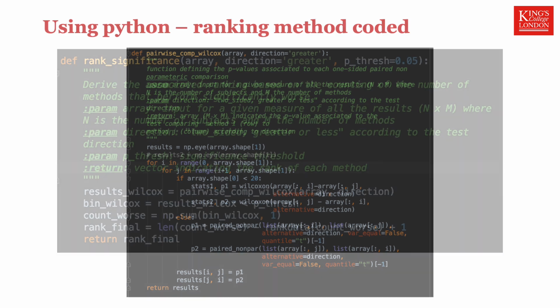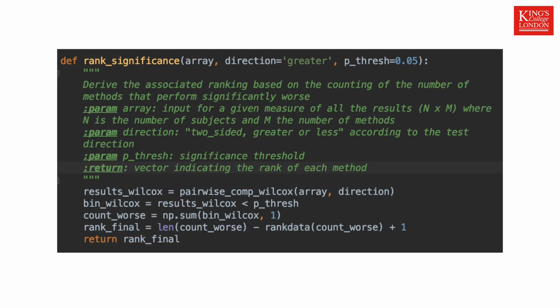Now, based on that, I know on which ones I have a significantly better or worse result. I decide on the threshold, which is 0.05. And I count the ones that are worse, so the ones for which the method that I'm choosing is significantly lower in terms of p-value.